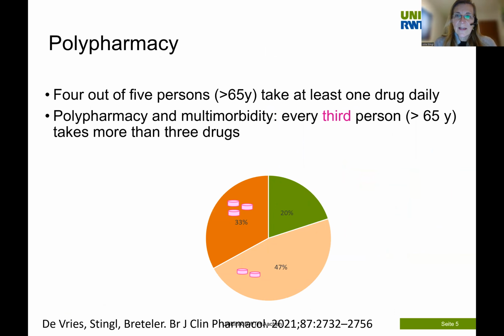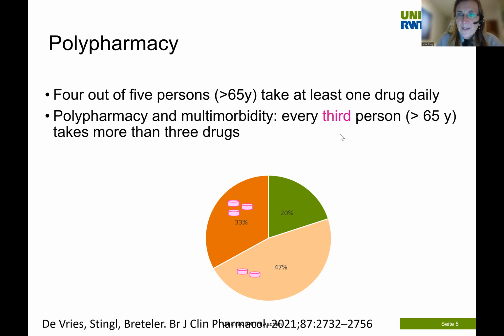In the region where I live, where we have done these studies, there's an epidemiological study ongoing called the Rhineland study. And the Rhineland study is done in healthy volunteers in a census-based manner. People are included and they will be followed up for 30 years. And it turned out that in the normal population in Germany, in our region where I live, every third person at the age of 65 or older takes more than 3 drugs, and 4 out of 5 persons at the age higher than 65 take at least 1 drug.